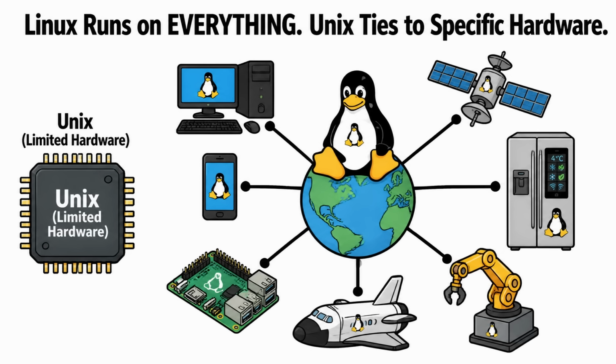Linux, on the other hand, runs on virtually everything. x86, ARM, RISC-V, PowerPC, MIPS. Linux has been ported to all of them. It runs on desktop computers, servers, smartphones, Raspberry Pis, smart fridges, industrial robots, and even spacecraft. This extreme portability is one of Linux's greatest strengths.